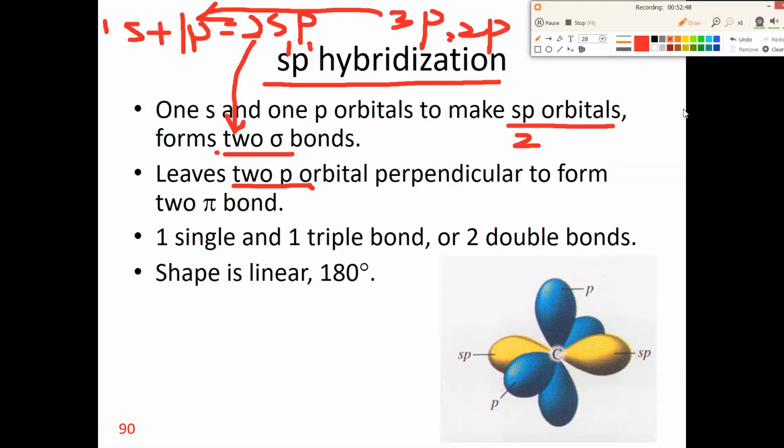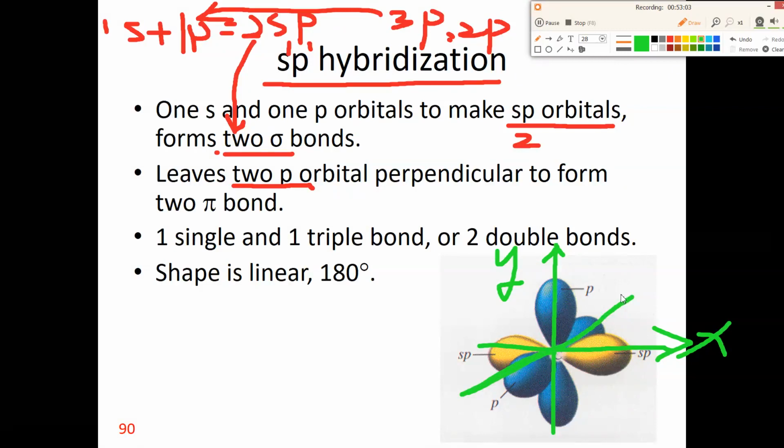If we take this one as x, this one as the y-axis, and this one as the z-axis, then x, y, z in three dimensions are perpendicular to each other.